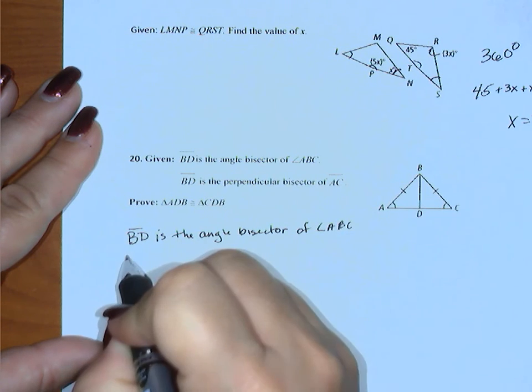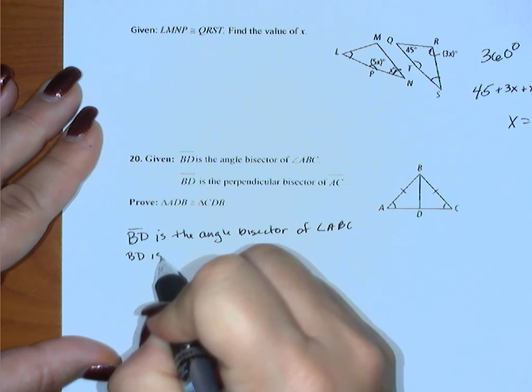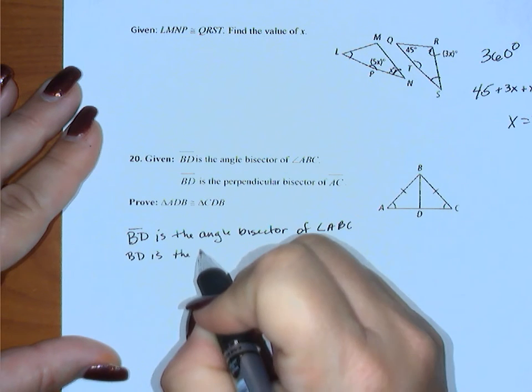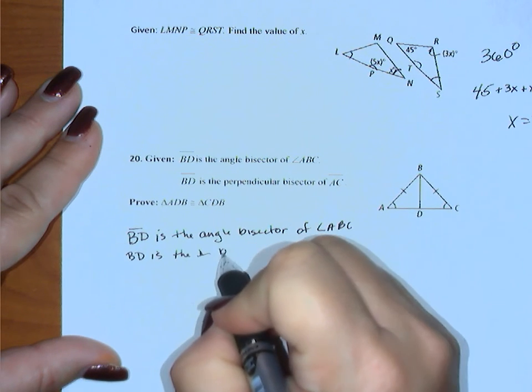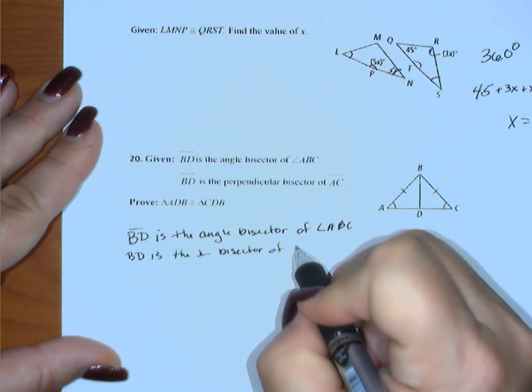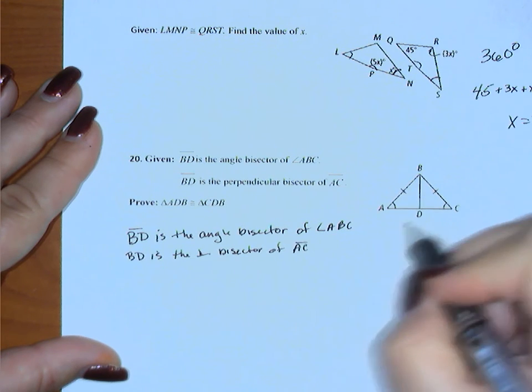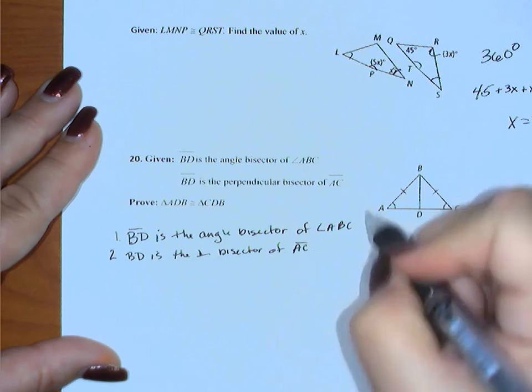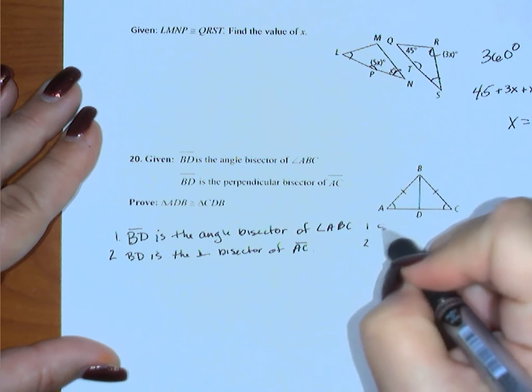And I'm going to write BD is the perpendicular bisector of segment AC. And this is 1 and 2, and these are both given.